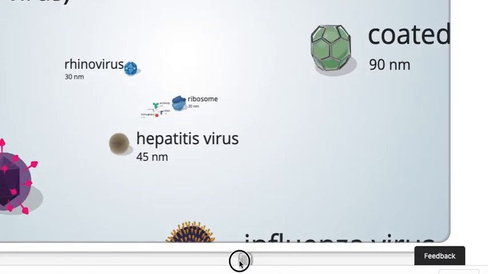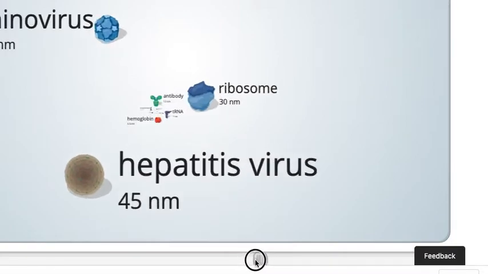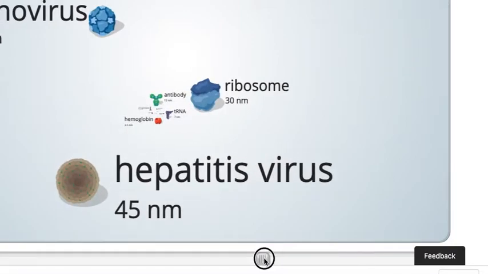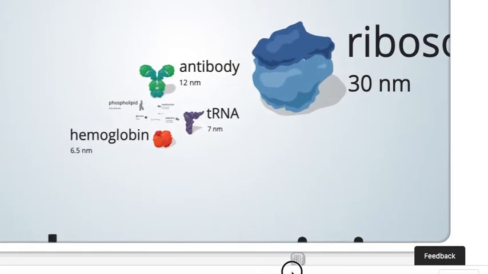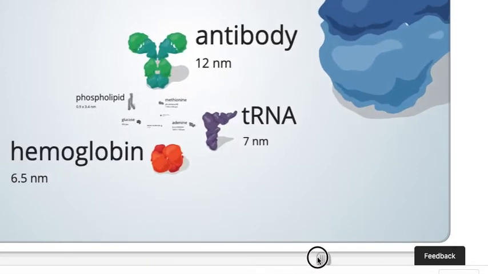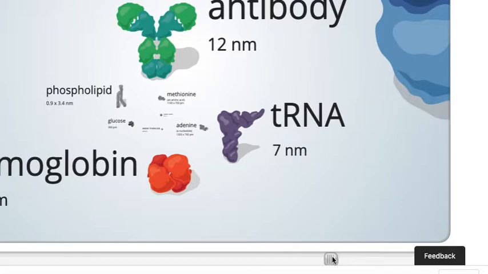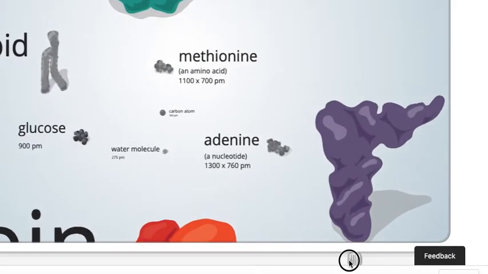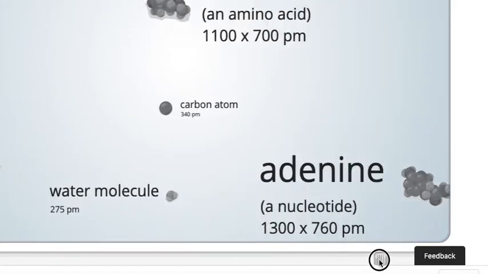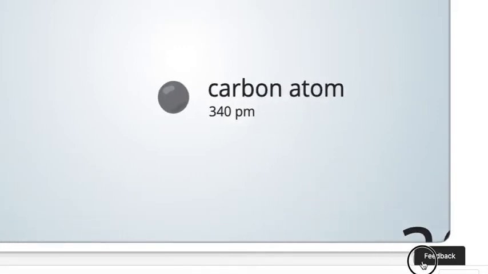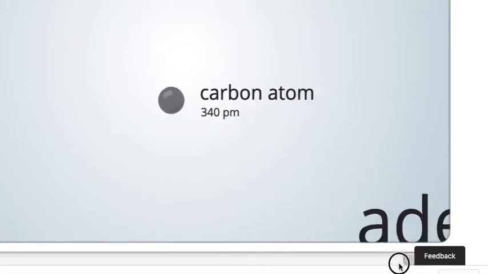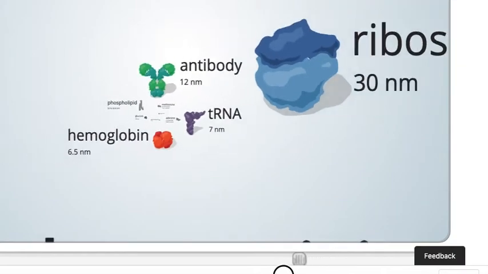They have some living thing like qualities, but they're not considered living things. And look at how small. Hemoglobin, which carries the oxygen for you in your blood, and your transfer RNA and antibodies. Look at how small we're getting. Down to a single atom of carbon. Okay? So now we zoom back out. Woo! We're going to go really fast.